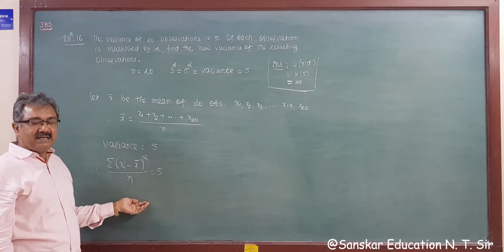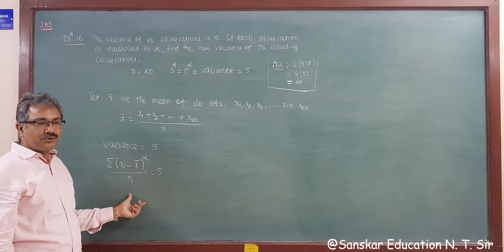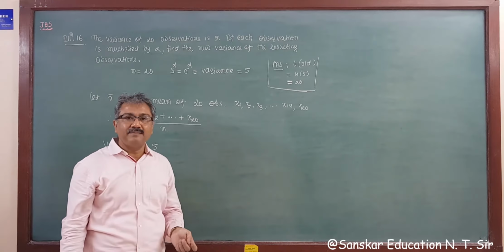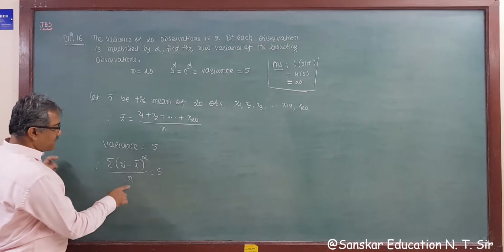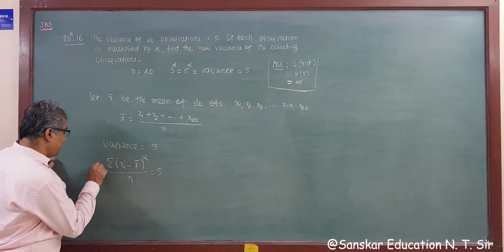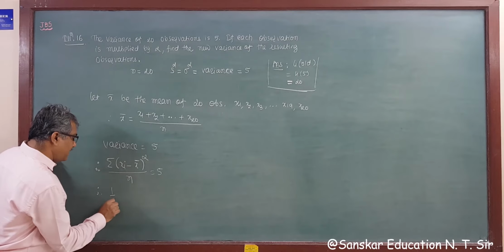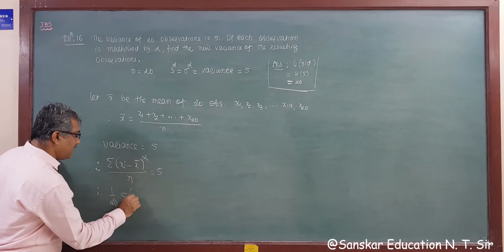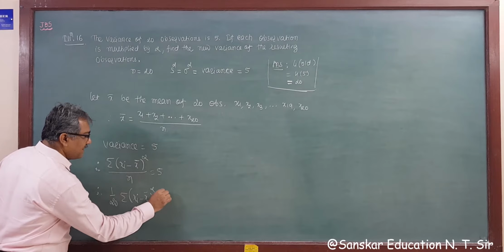Substituting n equal to 20, we get 1 upon 20 into sigma of xi minus x bar whole square is equal to 5.